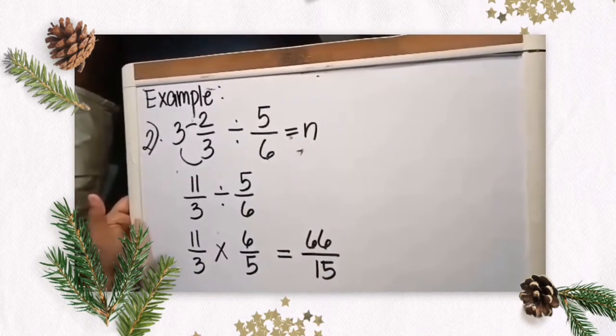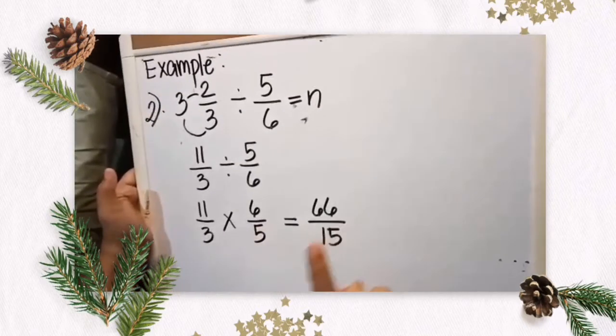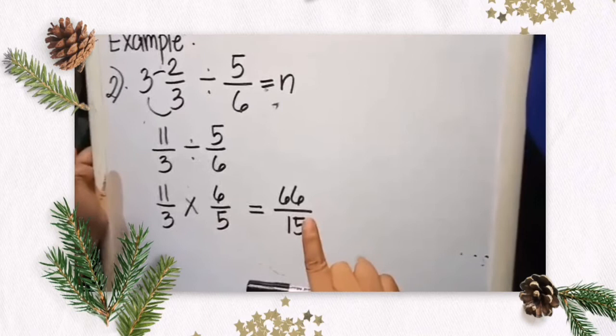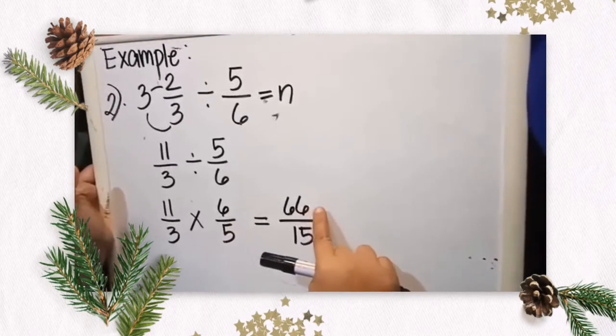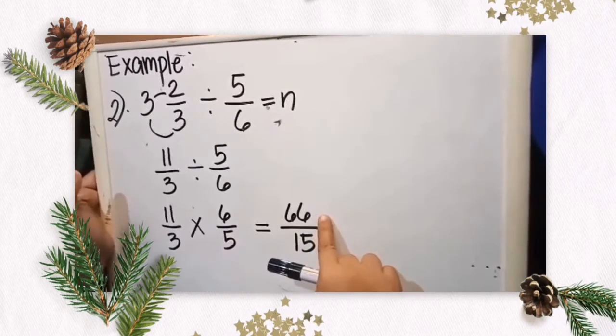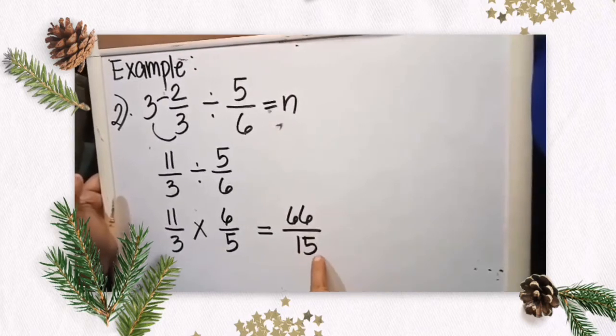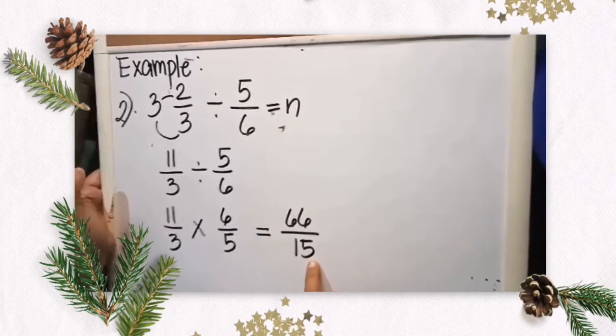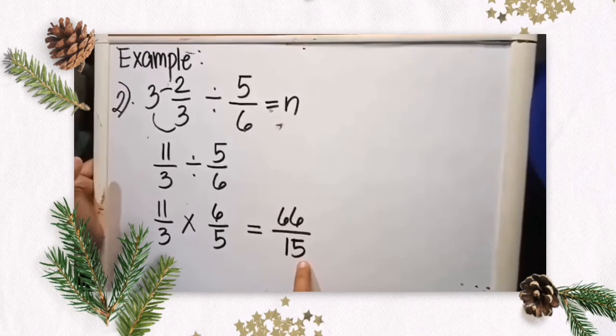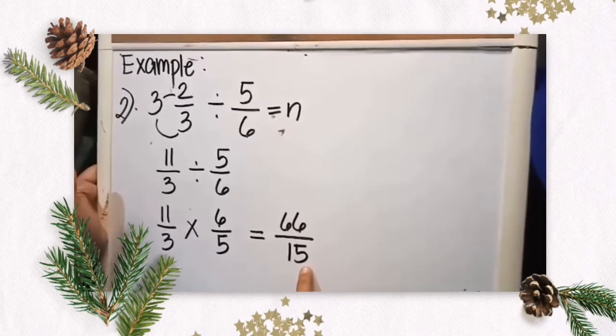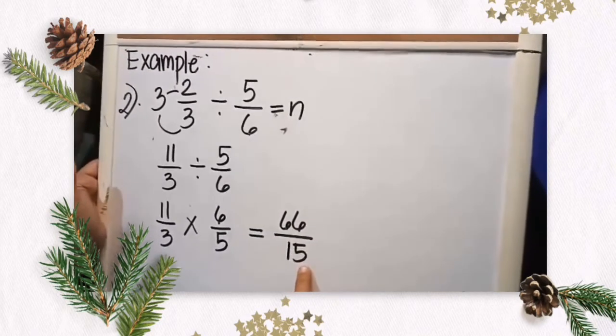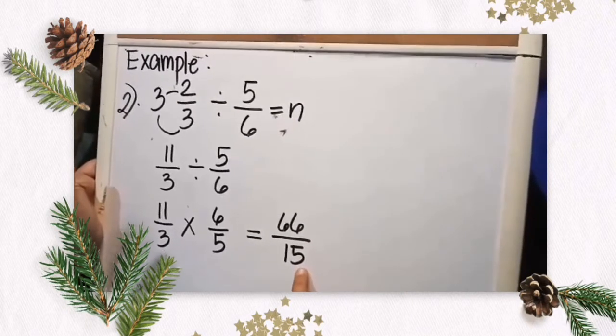Again, unsa imong naobserbaran sa imong answer? Improper fraction. Nganong improper man? Dako ang imong numerator nga 66 kaysa imong denominator nga 15. So, unsay buhaton? You divide para ma-change nimo siya into mixed fraction or mixed number.